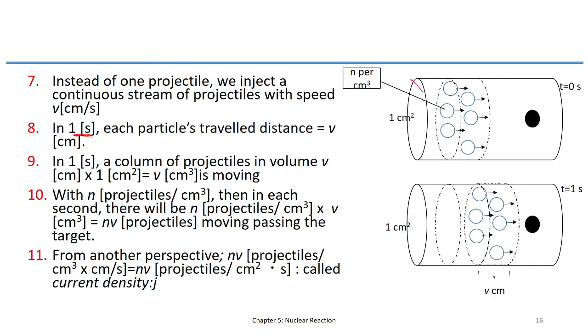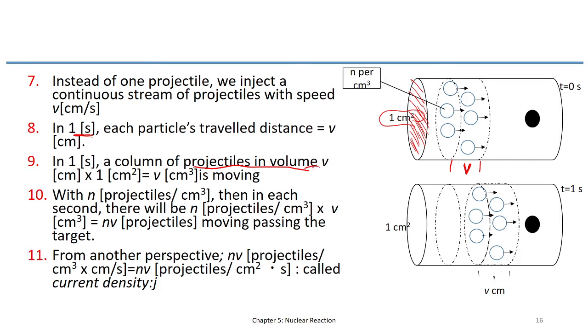Because we know the cross sectional area is 1 square centimeter, if you multiply with v centimeter, you get the volume of projectile that moves in 1 second.